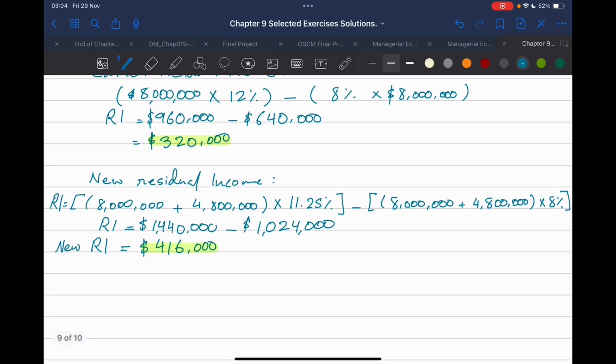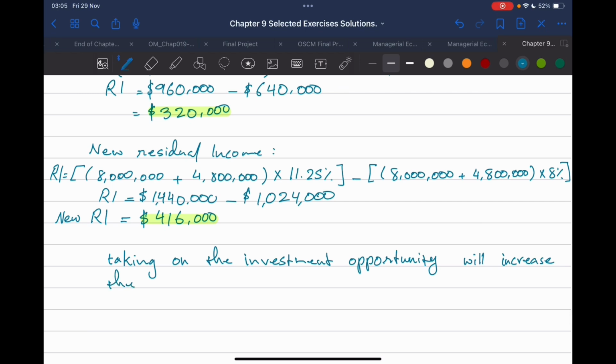So we could say something along the lines of: taking on the investment opportunity will increase the company's residual income by, let's calculate the difference, 416,000 minus 320,000.